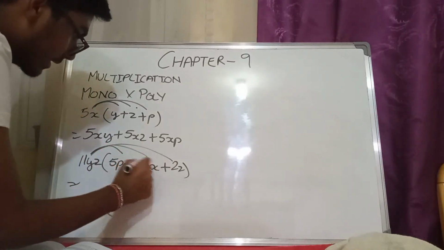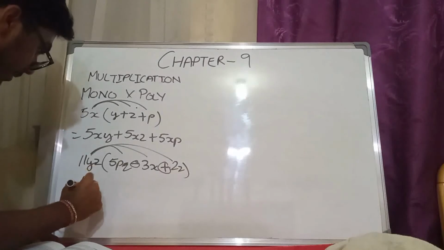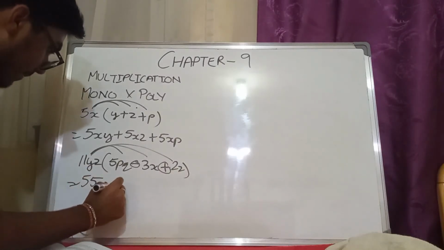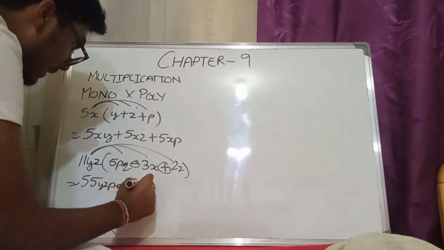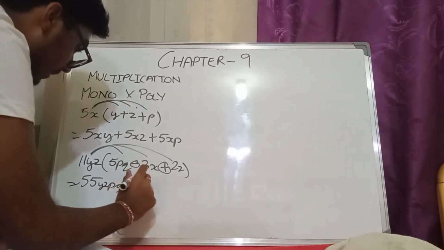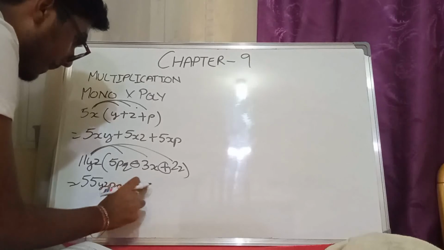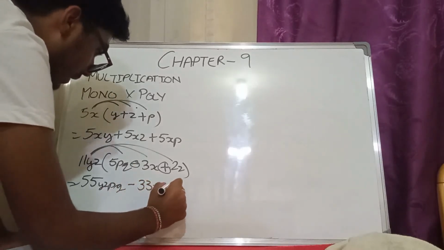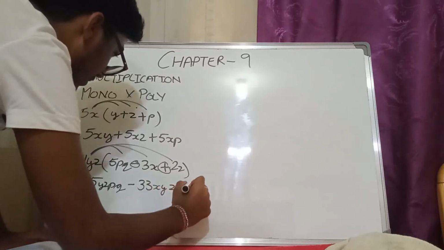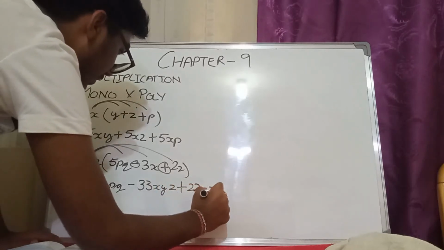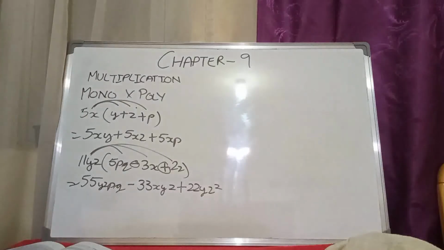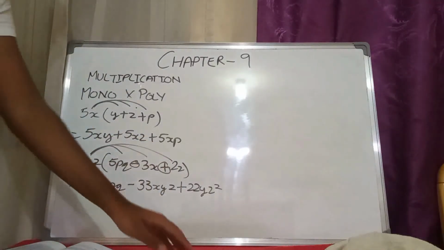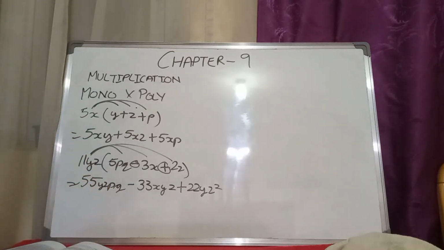So it will give us 55pq yz minus 33xyz plus 22yz square. This will be the answer. So we again see here that we have to multiply it with three terms in the trinomial. Okay, so this is the normal thing of monomial.